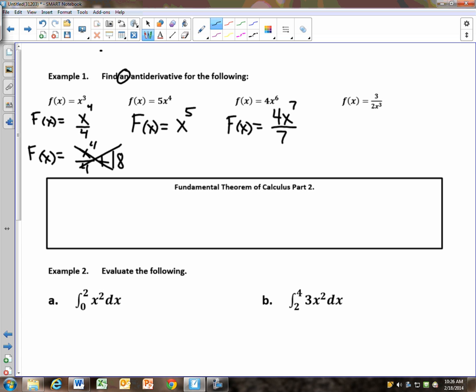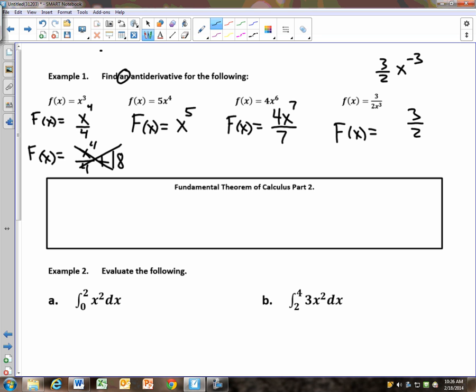Now, do I just increase that 3 to 4? No, so we're back to square one where you have to write it in power form. So that's 3 over 2 x to the negative third. We add 1, so f of x is equal to, add 1 and you get negative 2.